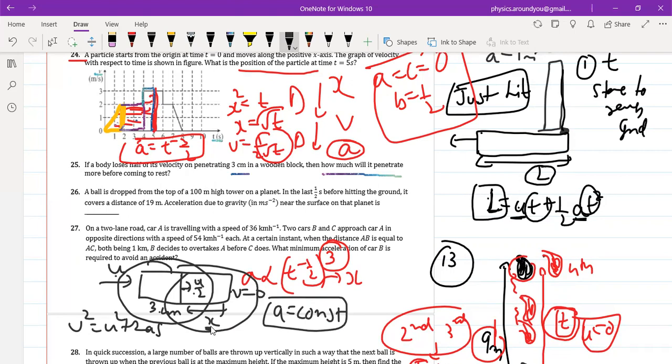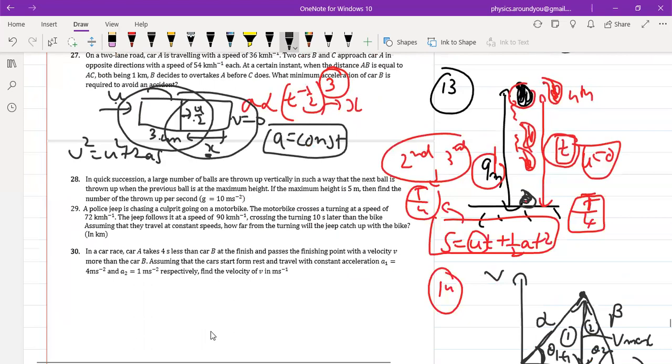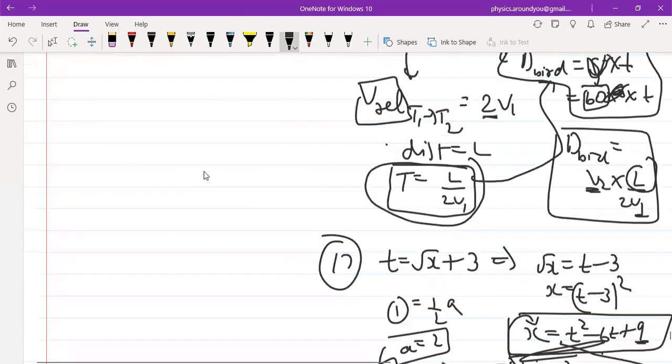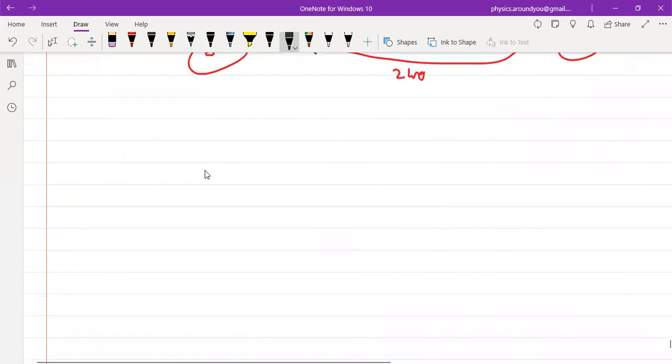Now, 26th, right? In the 26th question, in the last half a second before hitting the ground, it covers a distance of 19 meters. What is acceleration due to gravity on the surface of that planet? Okay. So for the 26th one, I will use a graphical approach.